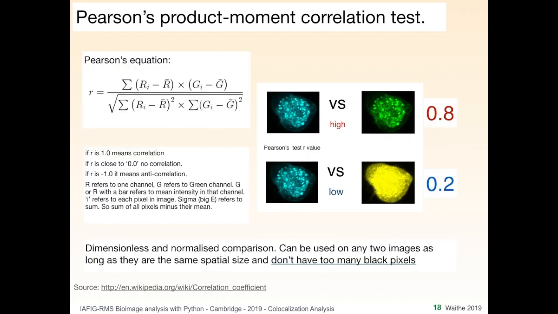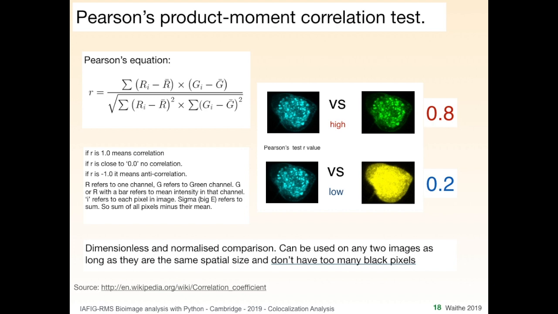But in terms of images, let's have a look. So here we've got 2 comparisons, both using the same channel A, but then 2 different channel Bs. We've got a CFP gamma 7 protein in a neuron. It's not so important. And then we've got early endosome A1 marker in the green here.